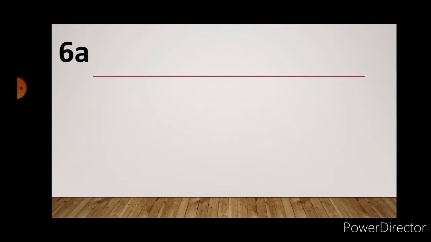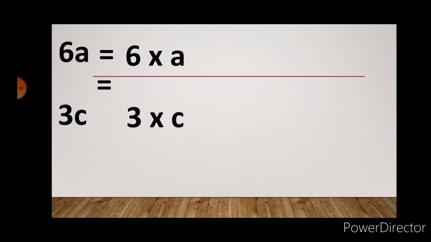It's just a short form for writing 6 multiplying a. Also 3c, short form for writing 3 multiplied by c. Even on the negative side, minus 6a is a short form for writing minus 6 multiplying a.